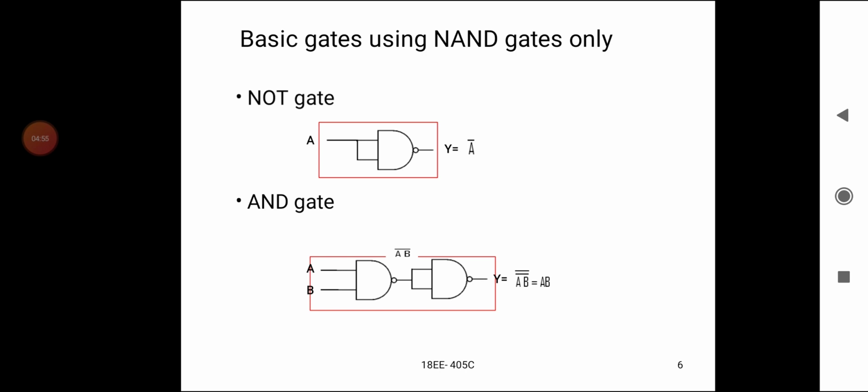AB complement two times means we can write it one time, AB complement whole complement. The complement and complement get cancelled and we get AB. So the AND function with NAND gates is 2 gates, a 2-stage operation.